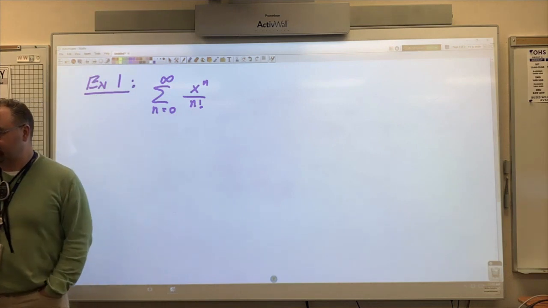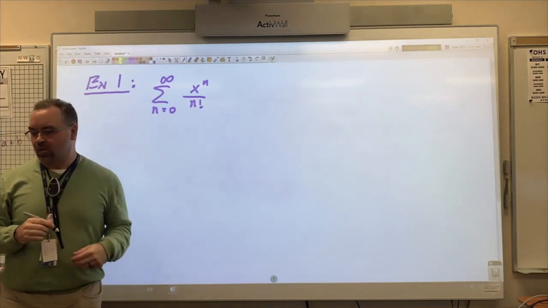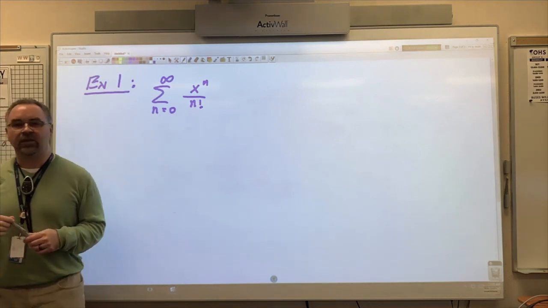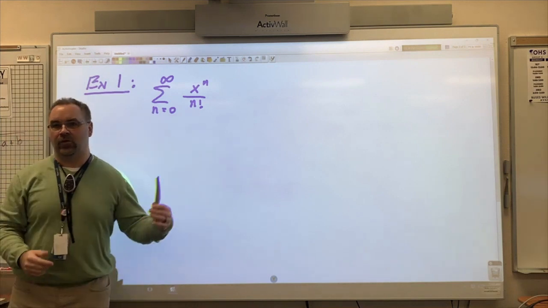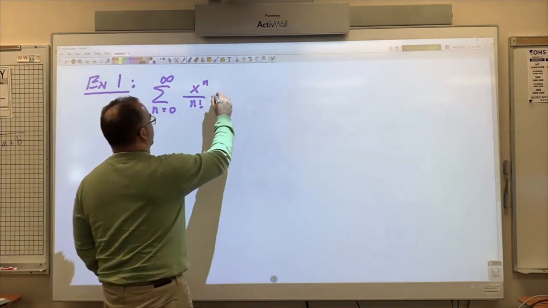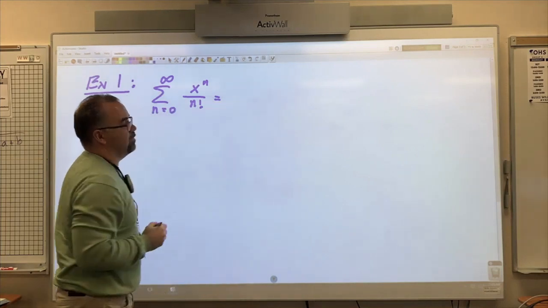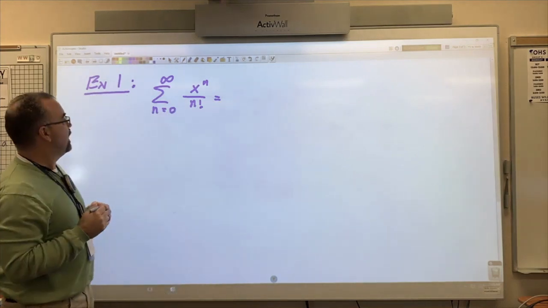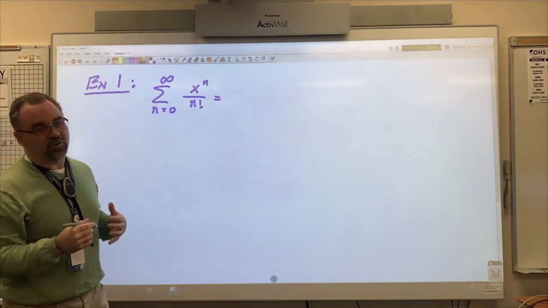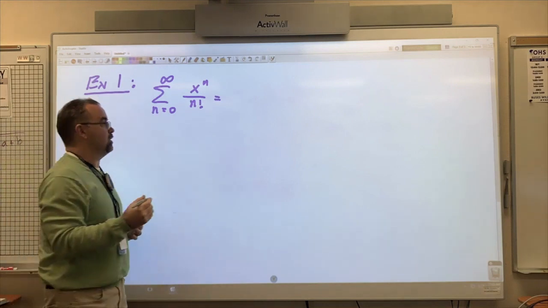There we go. And so when I take the terms of this function, let's say, if n was 0, we'd have x to the 0 over 0 factorial. That's just 1.